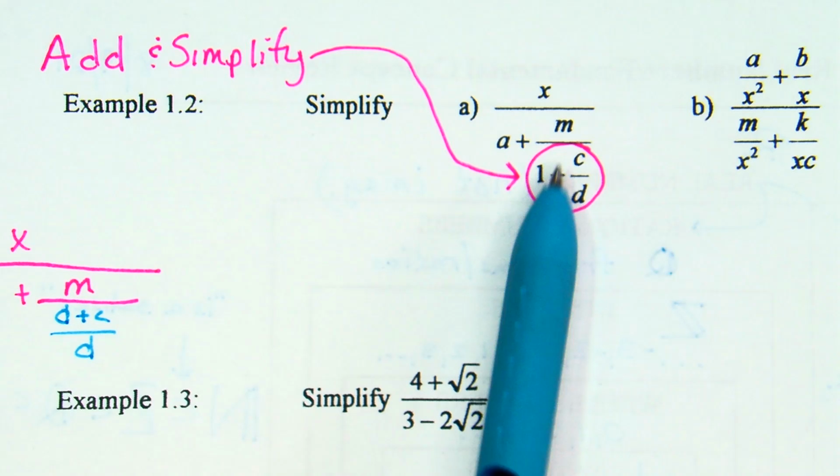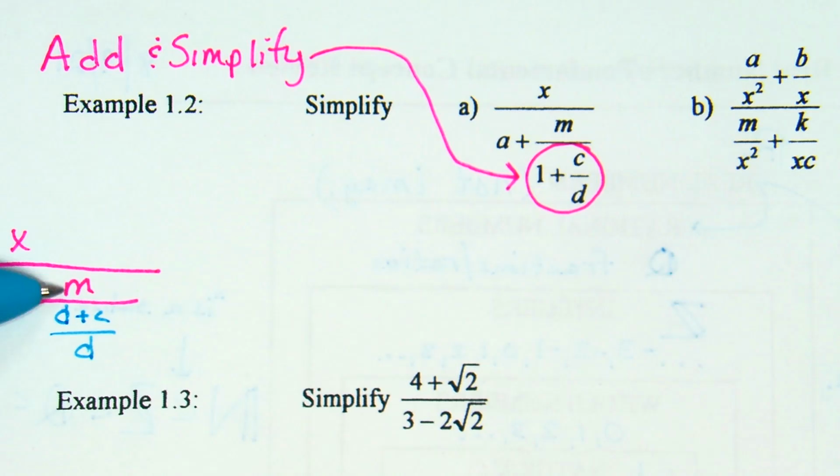Now, we have a fraction within a fraction here, yes? How do we do M divided by D plus C over D? Tell me you can't see what I'm writing.